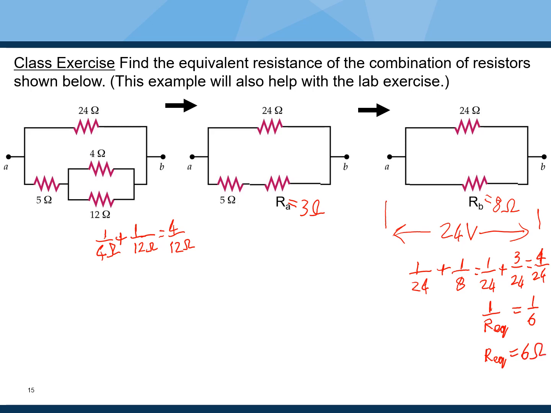So this entire configuration on the right behaves like a single resistor with a resistance of 6 ohms, and now we're told that we have 24 volts connected across the ends of this situation, which is equivalent to saying that we have 24 volts connected across the ends of the figure on the left.